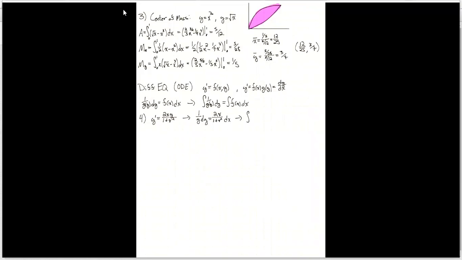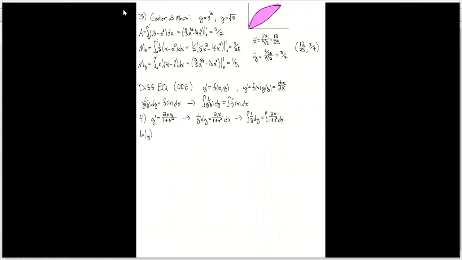So we have the integral of 1 over y dy equal to the integral of 2x over 1 plus x squared dx. The integral on the left should look great, right? It's just a natural log. So we have the natural log of y.